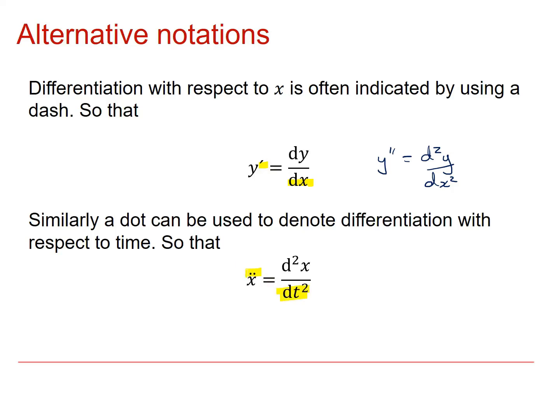Here we've used double dot to indicate the second derivative with respect to t, but we would also use x dot as dx by dt, the first derivative, and if x were displacement, then we'd think about this being velocity and this being acceleration.